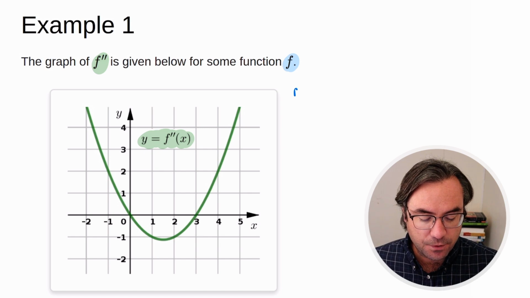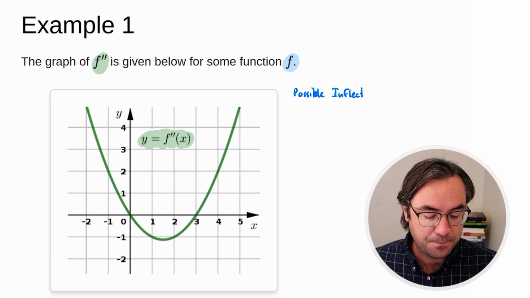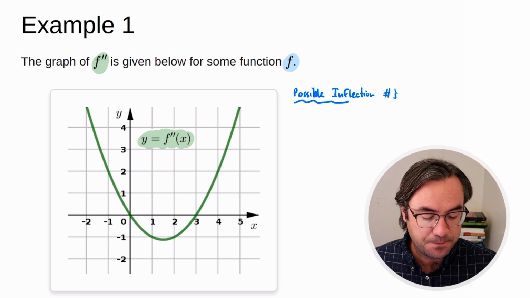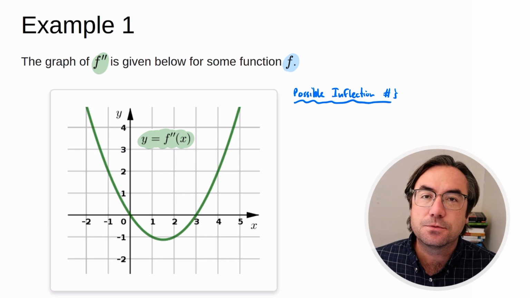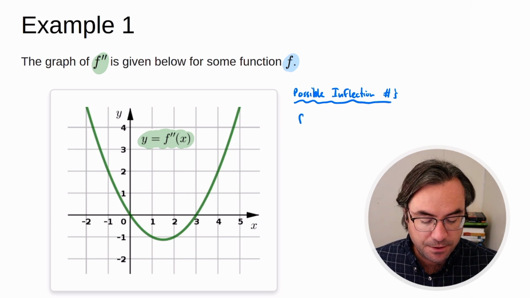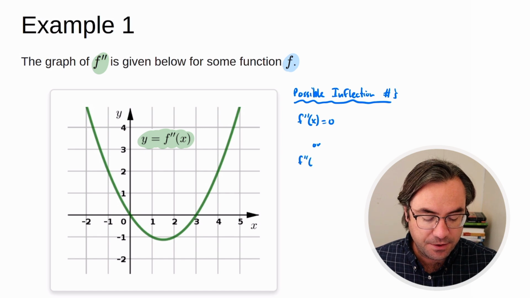And we're going to start off by looking for the possible inflection numbers. There are two things we're looking for: where the second derivative is either 0 or where the second derivative is undefined.